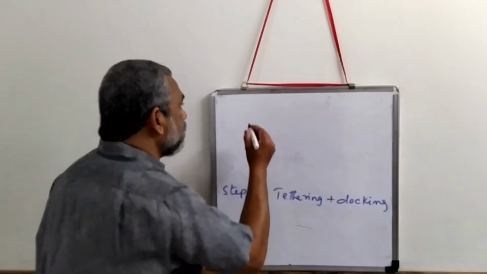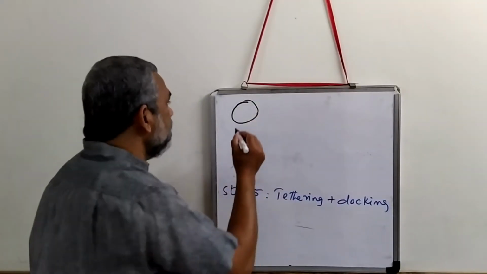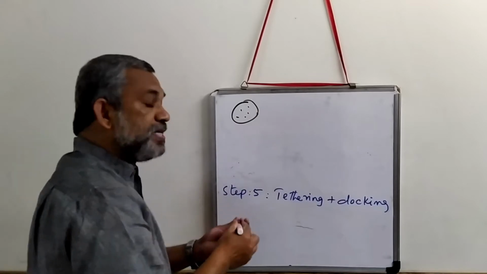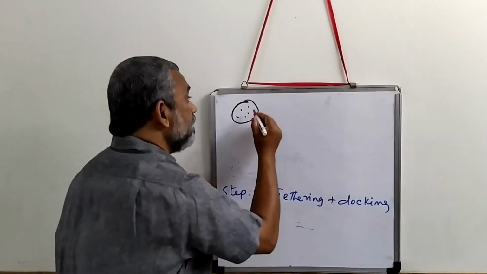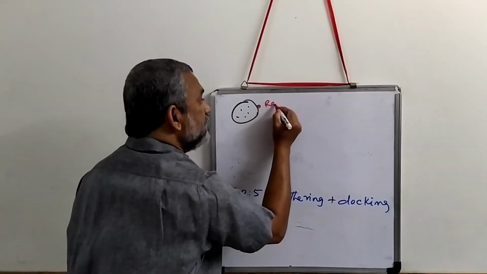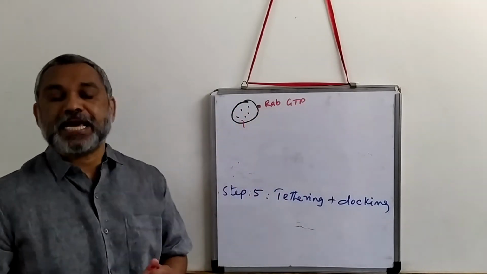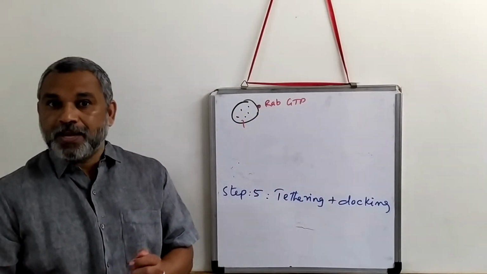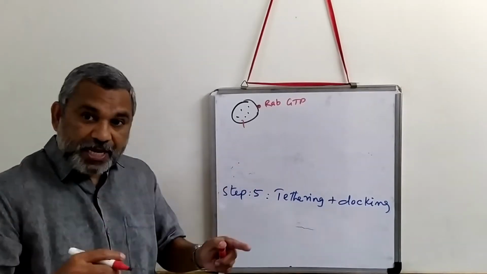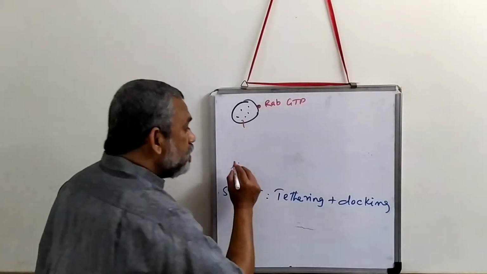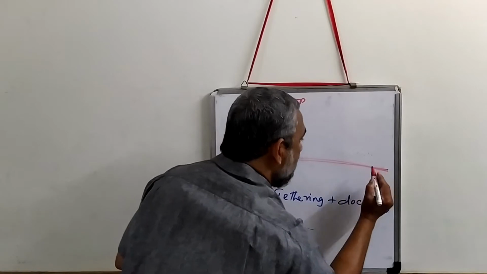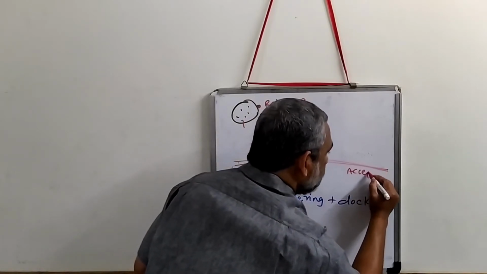So here we have the vesicle with the cargo, and this has the RAB GTP. And you also have the SNARE protein. The first step in tethering is on the membrane here. This is the acceptor membrane.